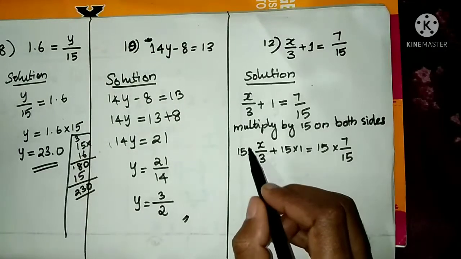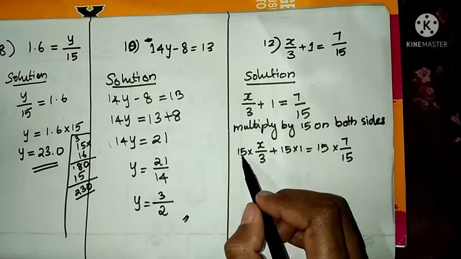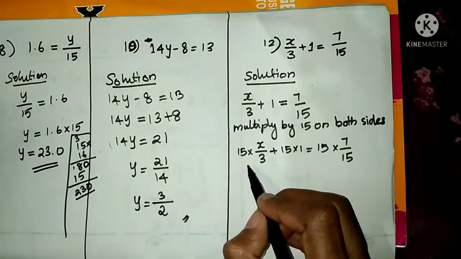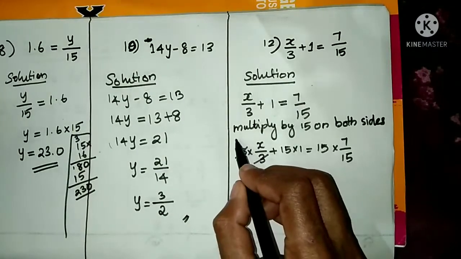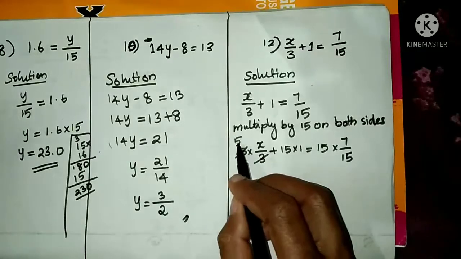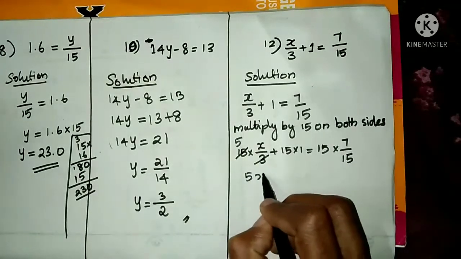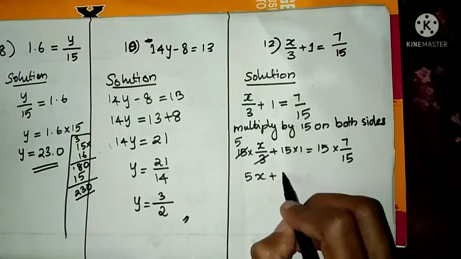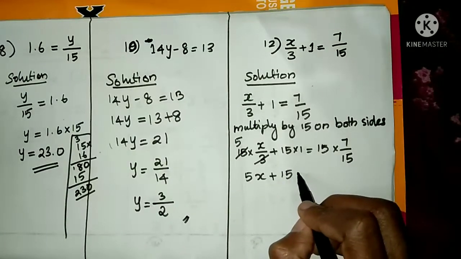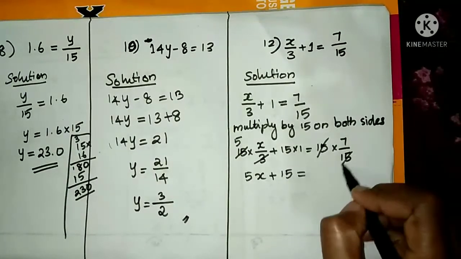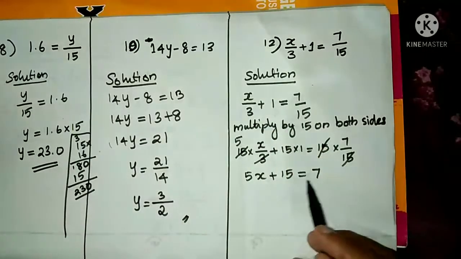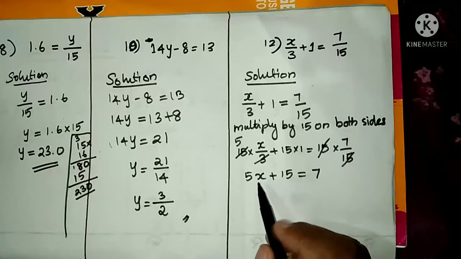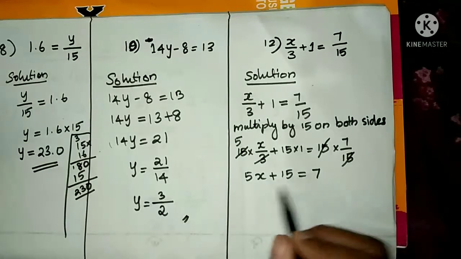Now these two we can cancel. When we cancel these two by the 3 table, it goes 5 times. So we get 5x plus, when we multiply, we get 15 is equal to, here 15 we can cancel. So we simplified this equation like this. Now we can send this 15 to the right side.